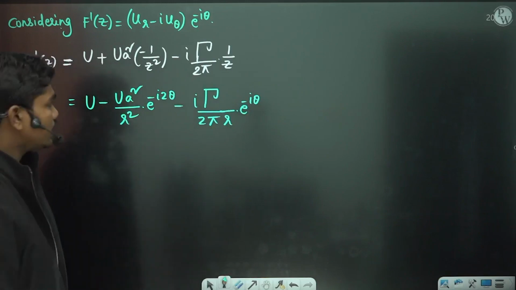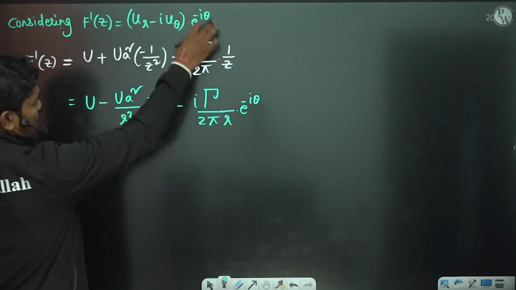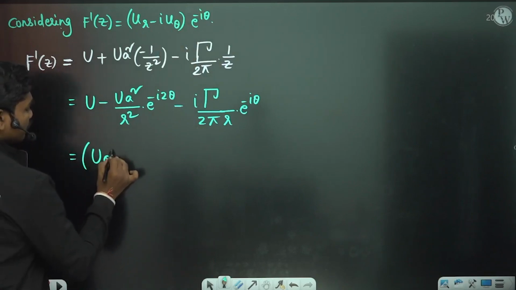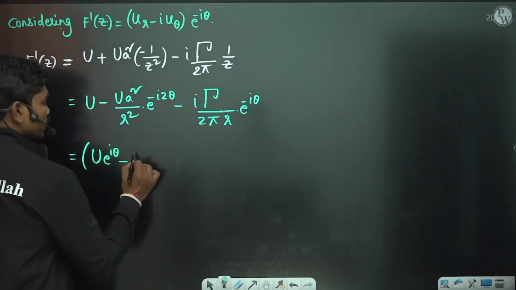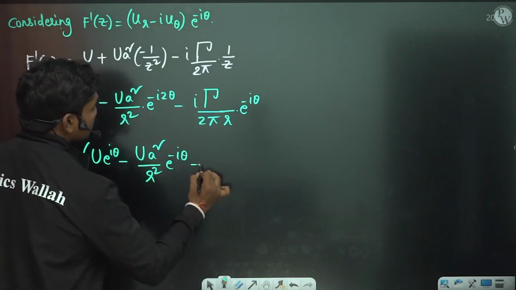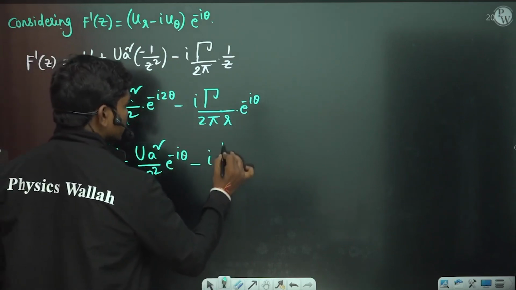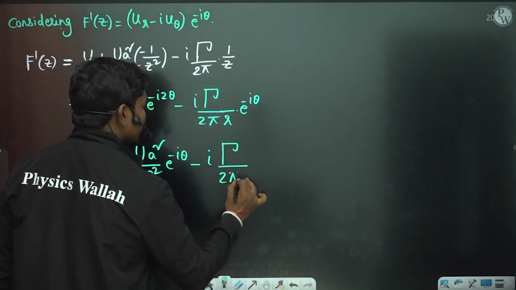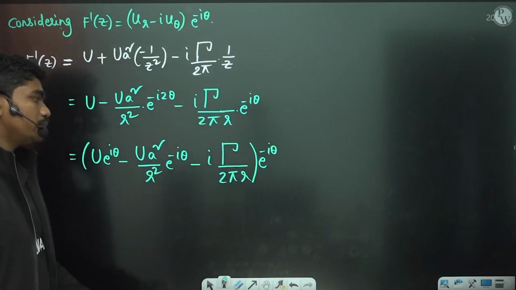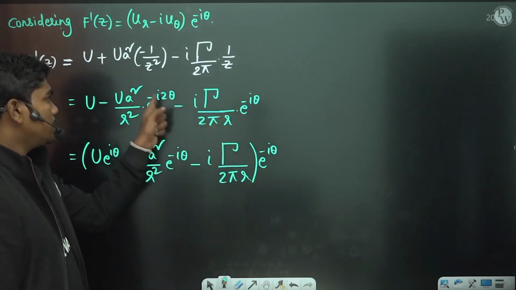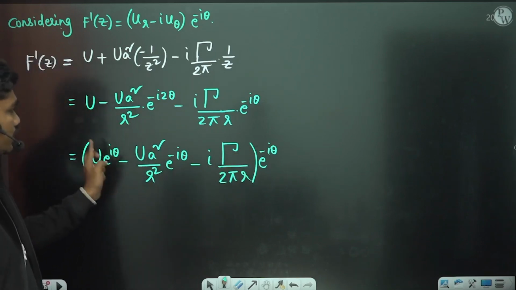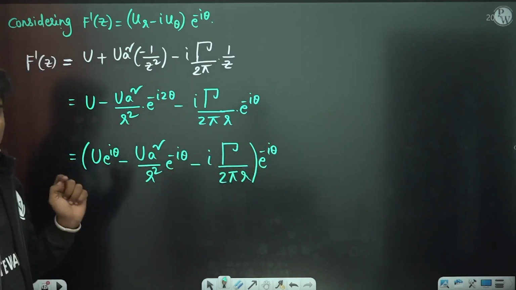If you take e power minus i theta common, then we get u times e power i theta minus u a square by r square times e power minus i theta, minus i times circulation divided by 2 pi r, all multiplied with e power minus i theta, correct? Out of these two minus i thetas, one is here and one is here. Since there is no e power i theta combination here, if you want to take minus i theta common, you have to put an e power i theta multiplication.